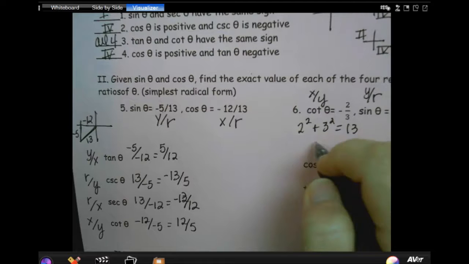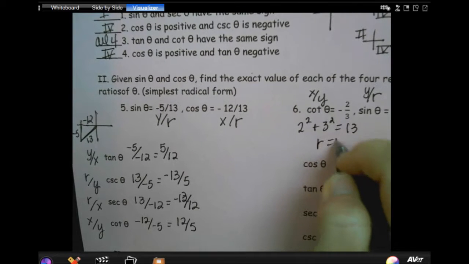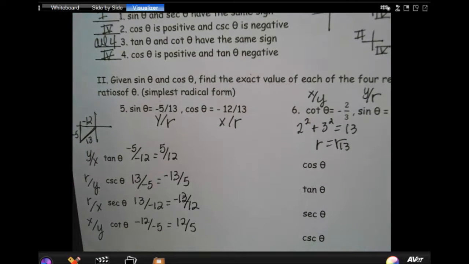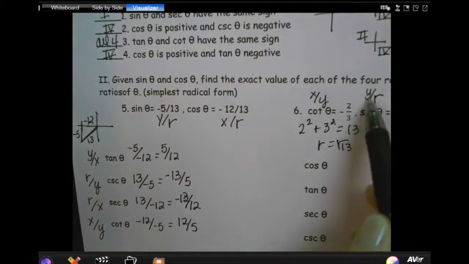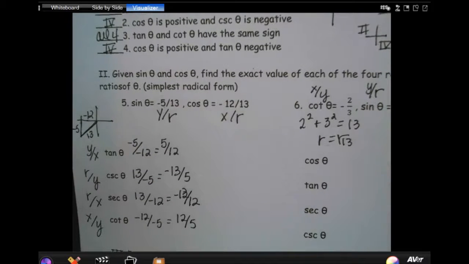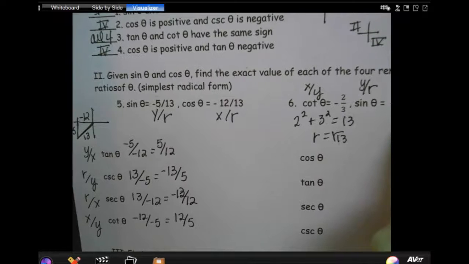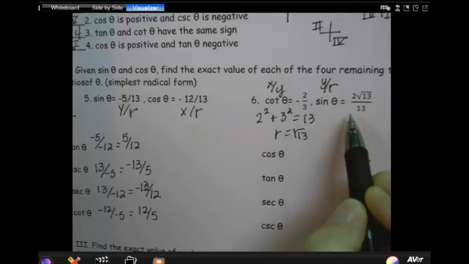And so I have to take, for my r, the square root of 13. Does that make sense? And for right now, I didn't put any signs because does it matter if it's positive or negative when I square it? It doesn't matter. So I know that my r is the square root of 13. So if I look at this one over here, I already rationalized the denominator, right?